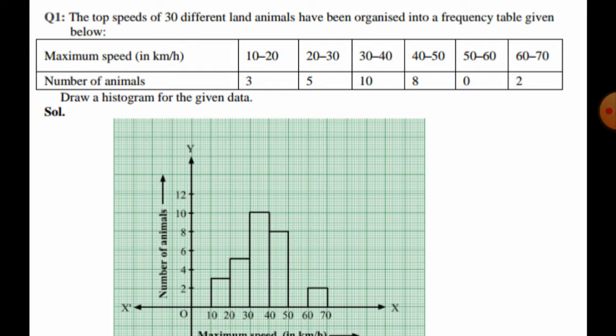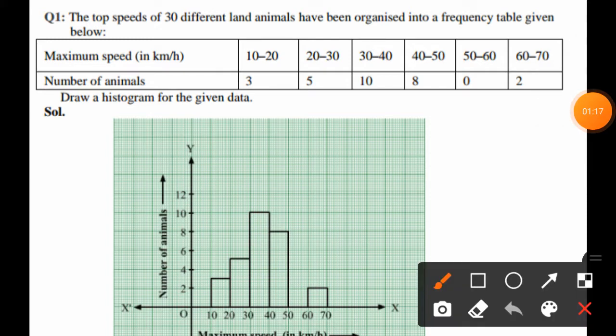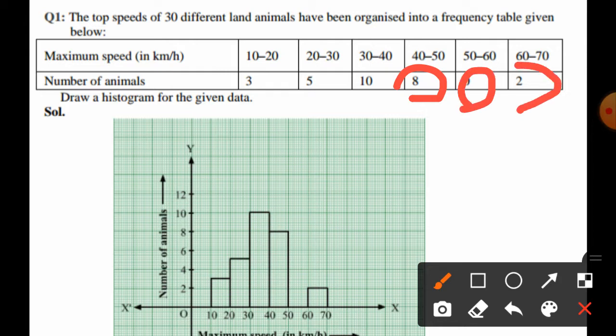Now the number of animals: in the class interval 10 to 20 we have 3 animals, 20 to 30 we have 5 animals, 30 to 40 10 animals, and 40 to 50 we have 8 animals. Similarly 50 to 60 has 0 animals, and 60 to 70 we have 2 animals.